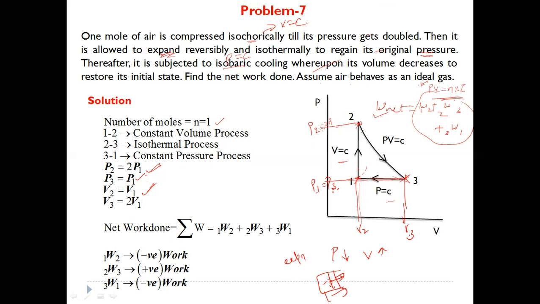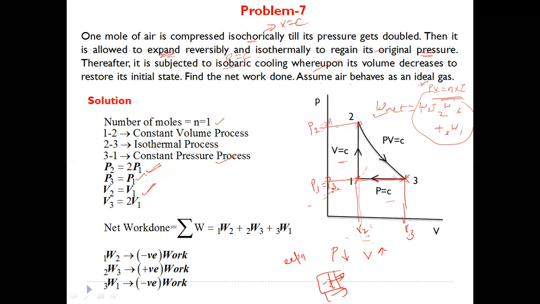And the second process is an isothermal process. Isothermal process means PV is equal to constant. It is an expansion where volume increases from V2 to V3 and pressure decreases from P2 to P1 again. So it reaches the initial pressure. And the third process given is a constant pressure process. In the constant pressure process here, P1 is equal to P3 and volume decreases from V3 to V1, V2 again.